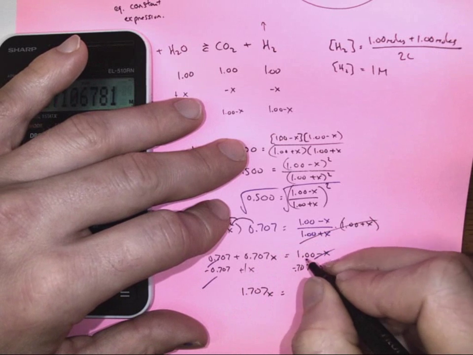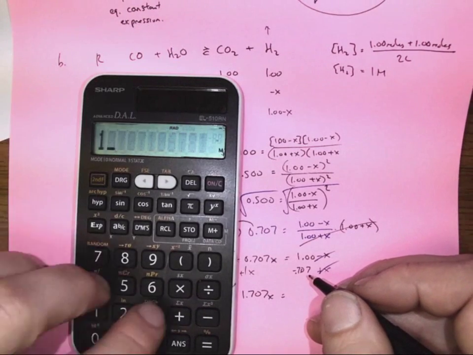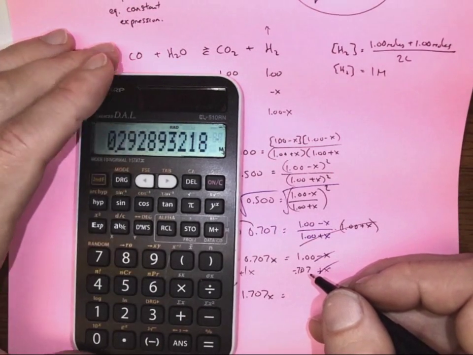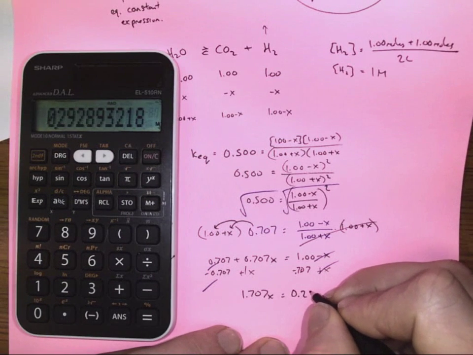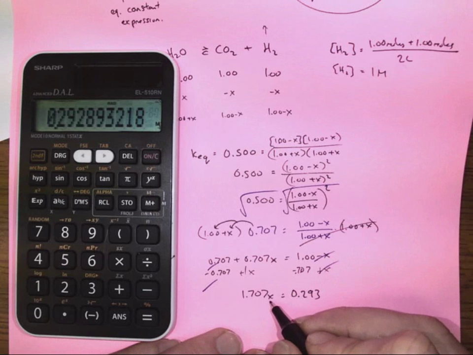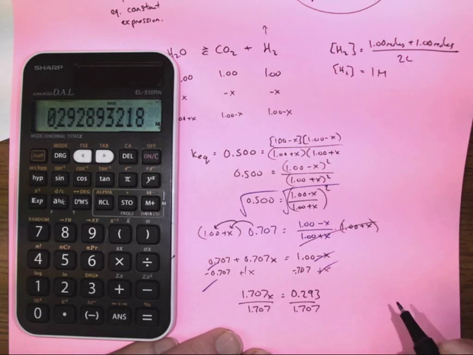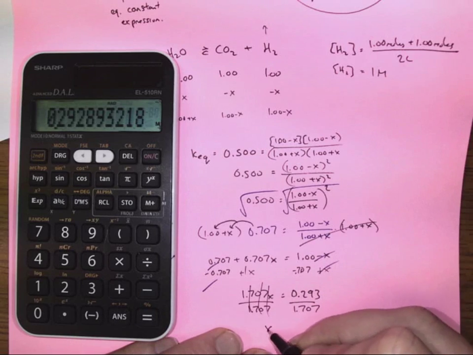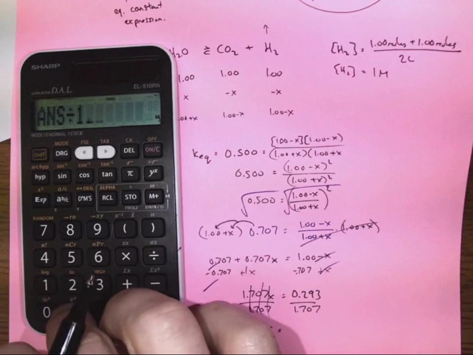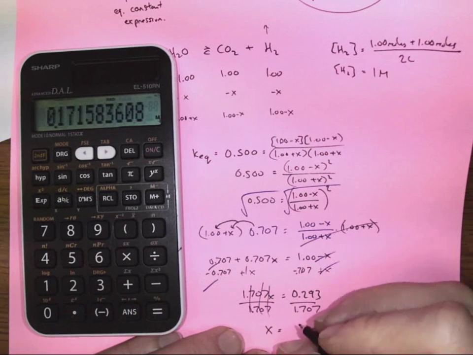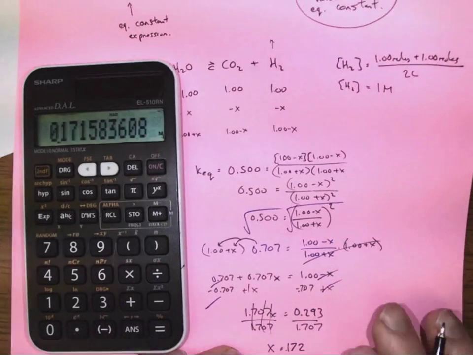And that's equal to 1 take away 0.707, which is 0.293. And to find my x, I'm going to divide by 1.707. And that tells me my x value finally is equal to, dividing by 1.707, I get 0.172.